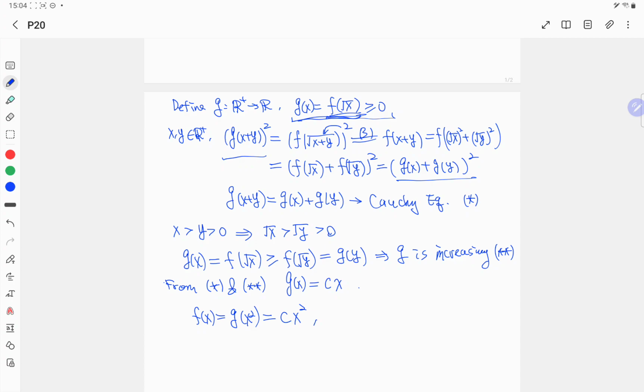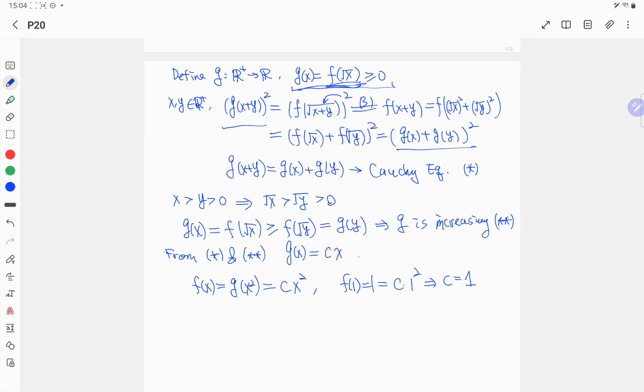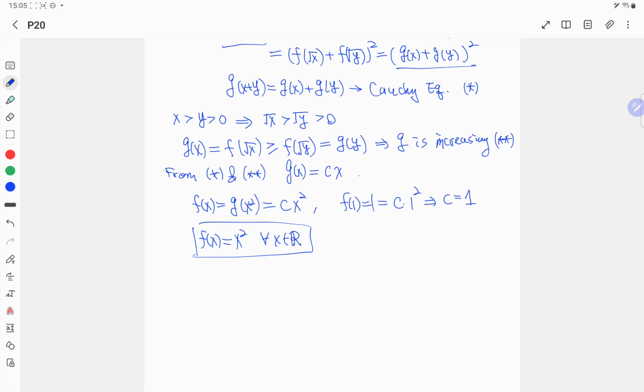And we already know f of 1 is 1, and it is also equal to c times 1 squared. So we have c equals 1, which means that f of x is actually x squared for all x real numbers. So finally, we get 3 sets of solutions. So f of x equals 0, 1/2 or x squared for x to be a real number.